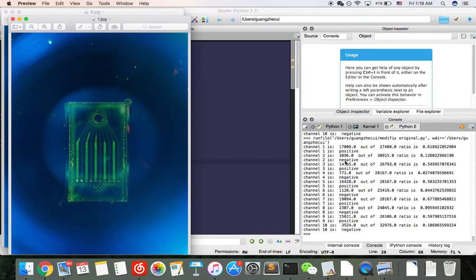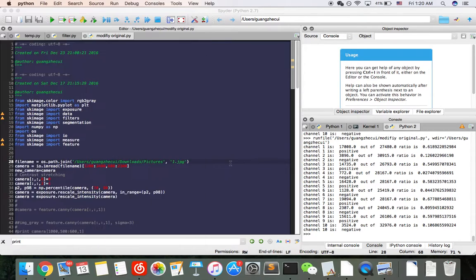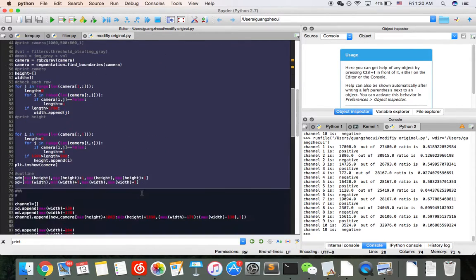So you can see here positive, negative, positive, negative, and so on. I specifically tuned this threshold in order to separate this out.